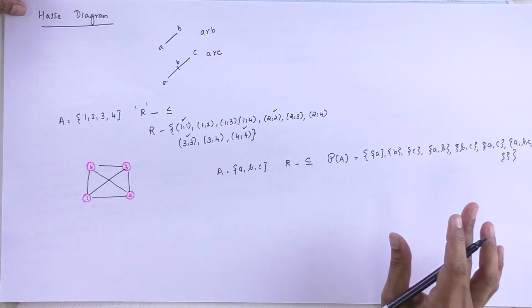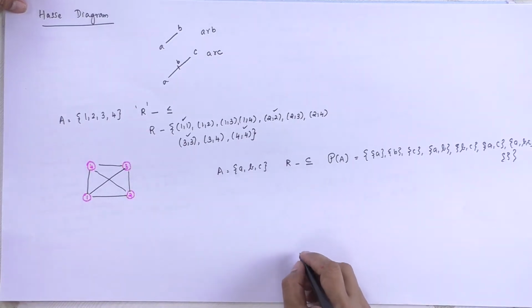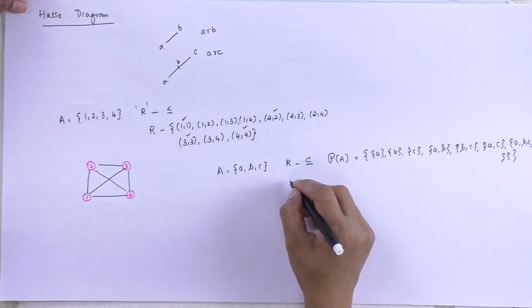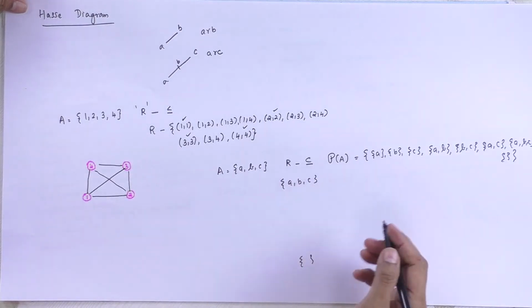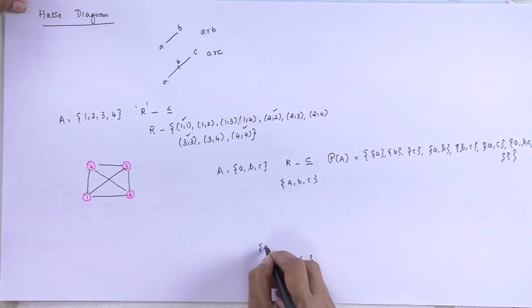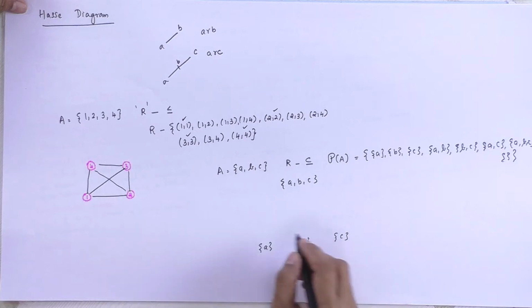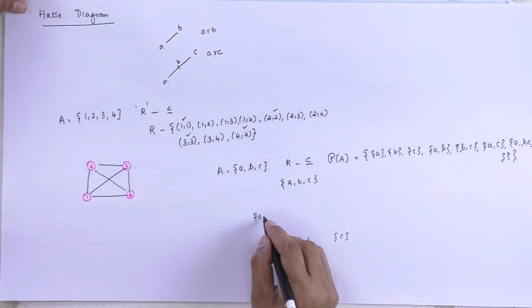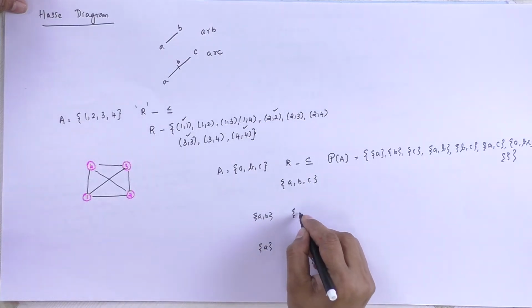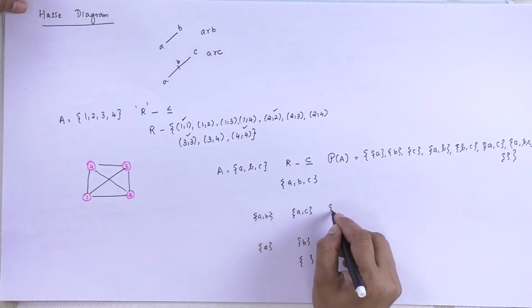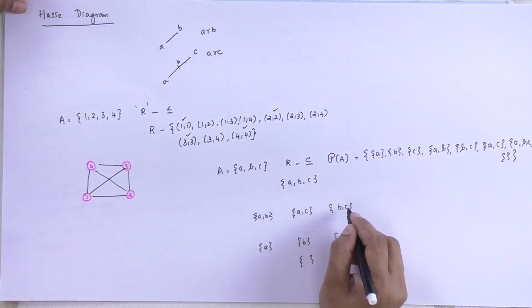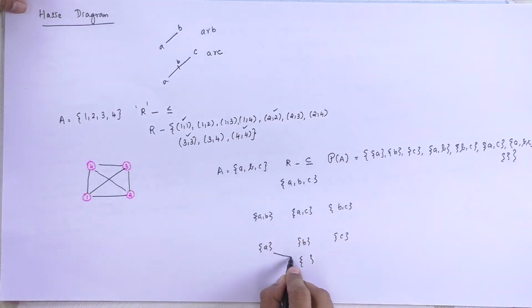So Hasse diagram, let us see. The least element I will have here, right? The maximum element I will have here, {a,b,c}, and in between I can have singleton {a}, singleton {b}, singleton {c}, and then here {a,b}, then {a,c}, then {b,c}. Now see here, this is a subset of this, fine.